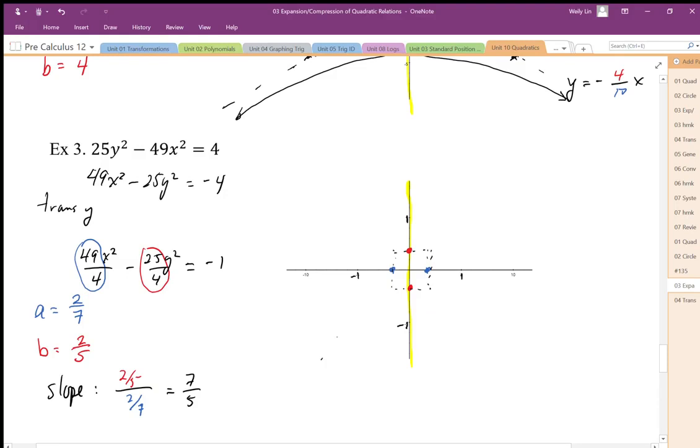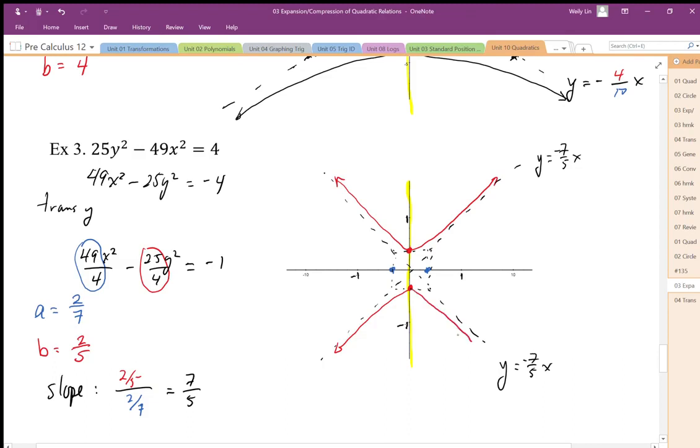This is the slope of this line. If I want to know the slope of those lines, this is y equals 7 over 5x, and this is y equals positive 7 over 5x. And then since it's trans y, we'll draw that hyperbola along the y-axis. Again, hyperbolas only need to have a vertex and asymptotes to be able to get the right shape. So there it is.